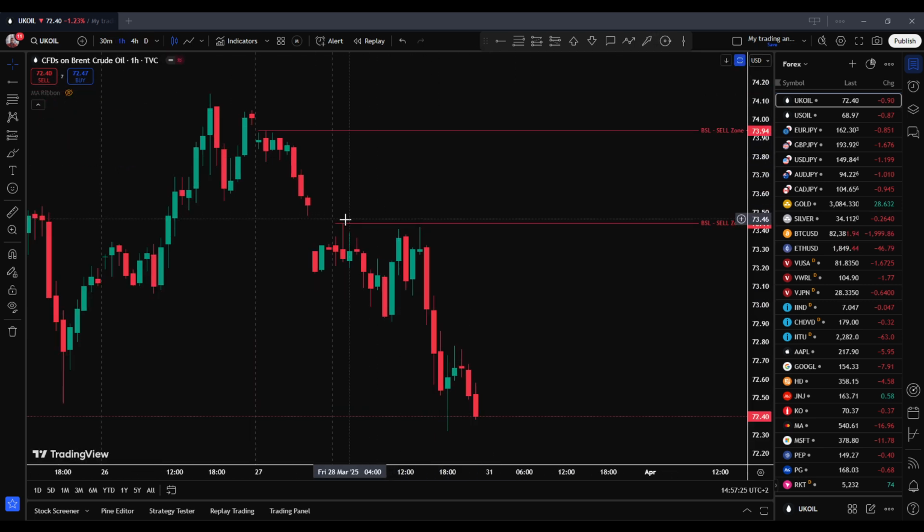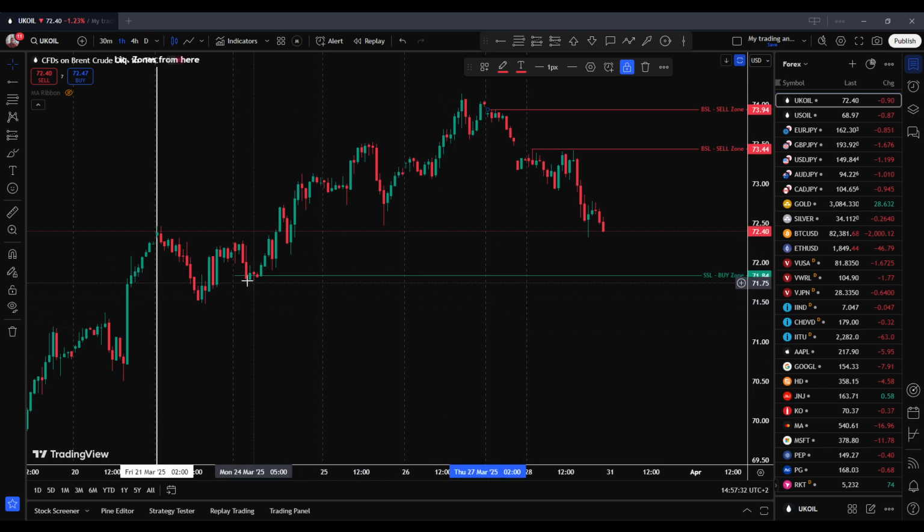Let's jump to the 1 hour time frame to adjust the lines. This one is okay, this one is okay, and this one here is okay.